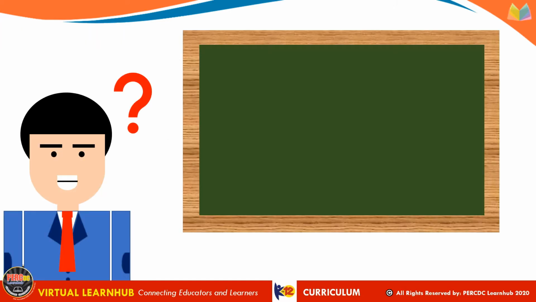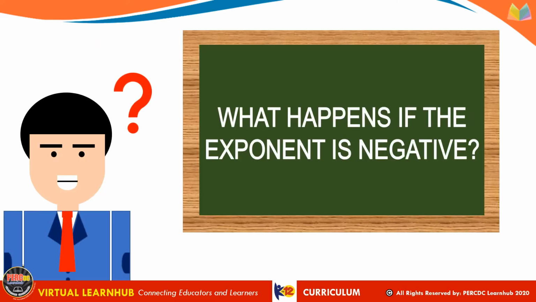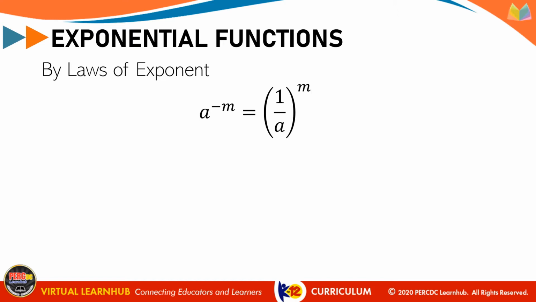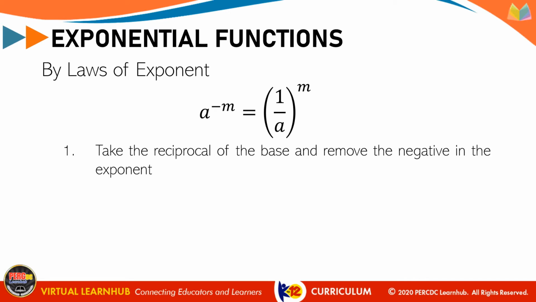So before we proceed, let's first discuss what happens if the exponent is negative. By laws of exponent, for example, we have here a raised to negative m, then we can express that as 1 over a raised to m. Our steps: first, we take the reciprocal of the base and remove the negative in the exponent.